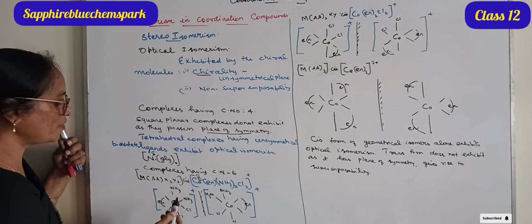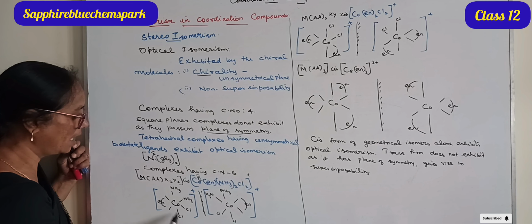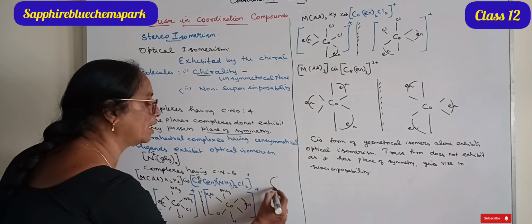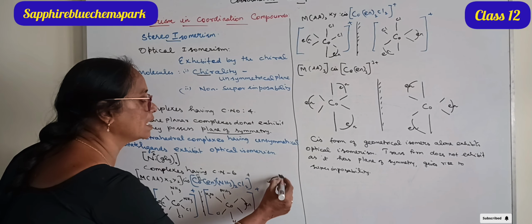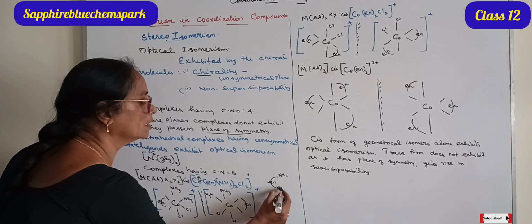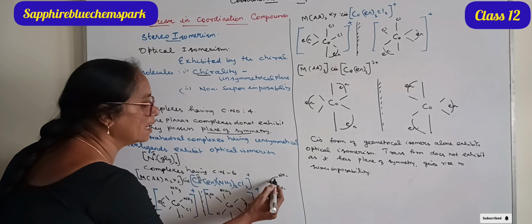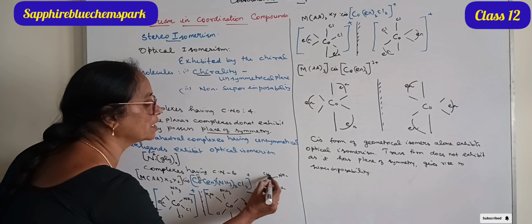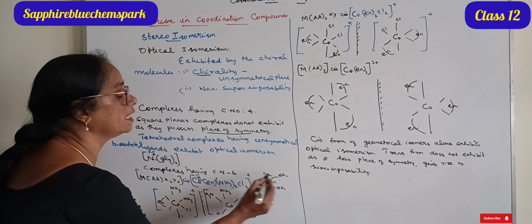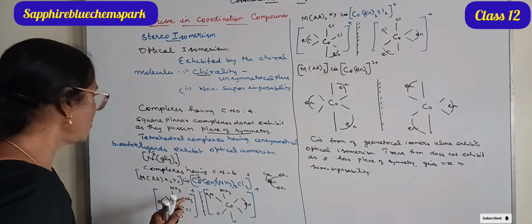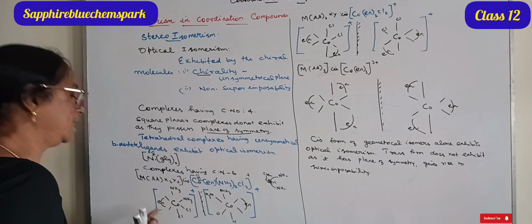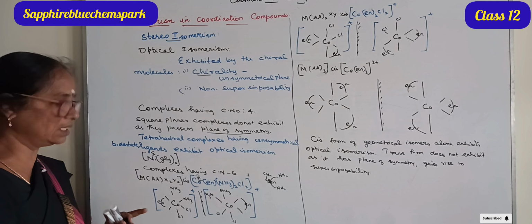So, we may find the NH3, Cl and en. En can be represented like this because this end is NH2, this is NH2 and the rest of the curve represents the CH2, CH2 linkage. So, we can represent ethane 1,2 diamine just by a curved line.